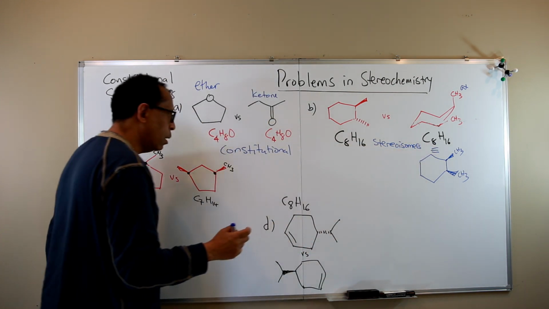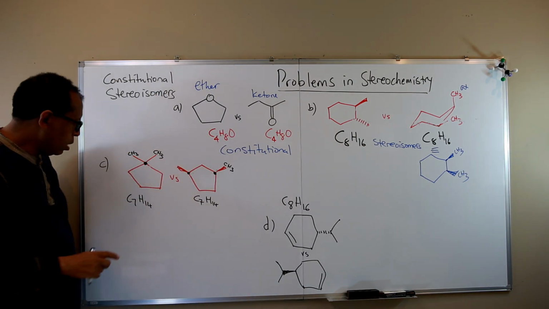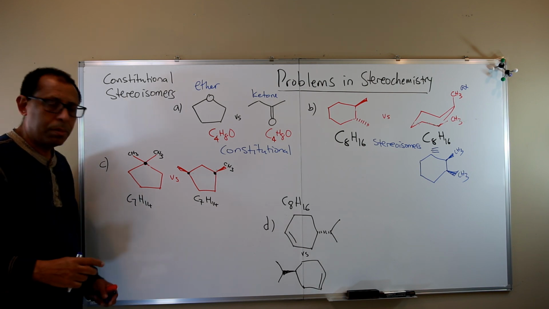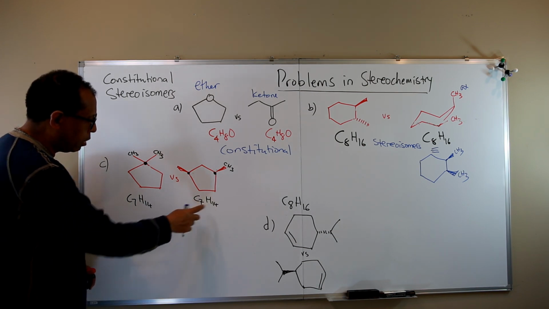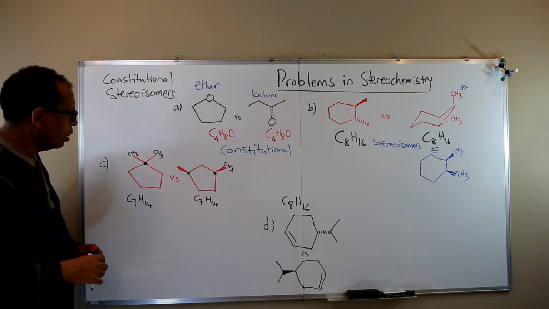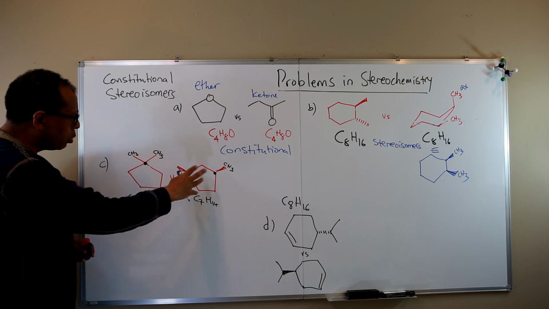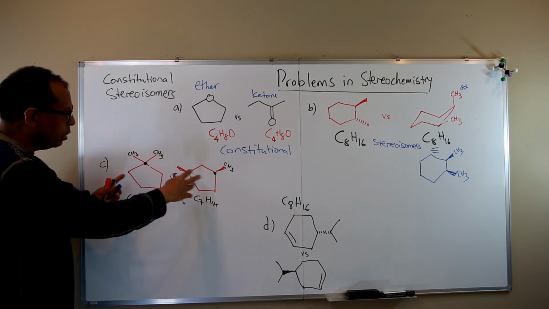Let's pass to the compound pair in C. You have a C7H14 molecule. C7H14, they are the same in terms of chemical formula, but however, their constituents are made differently.